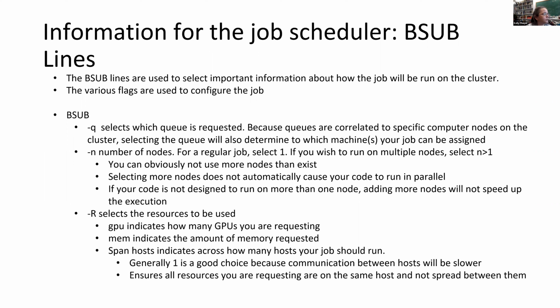And so we're going to need the #BSUB lines in order to actually specify what it is we're asking to use. Now, other times we might not really need to do a very complicated calculation, like maybe I'm just doing some data analysis, and a lot of these are really quick and short and really don't need to use a GPU. So we might be able to submit that, for example, to a different queue like the tinymem queue and so on.